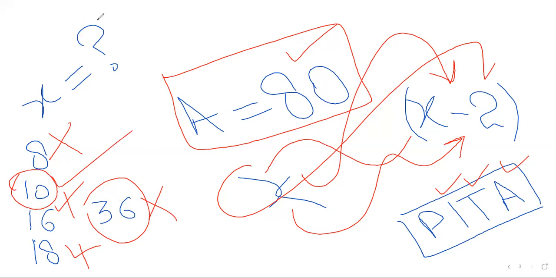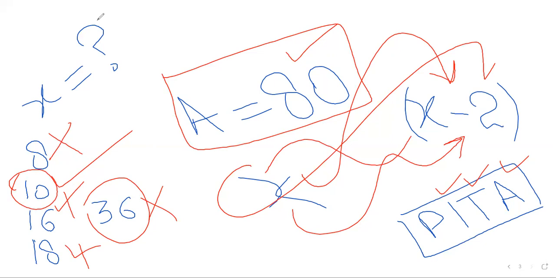Are you getting this? So what I am doing is PITA, putting in the answers and checking against 80 at the end. That's why PITA is a technique for multiple choice questions.